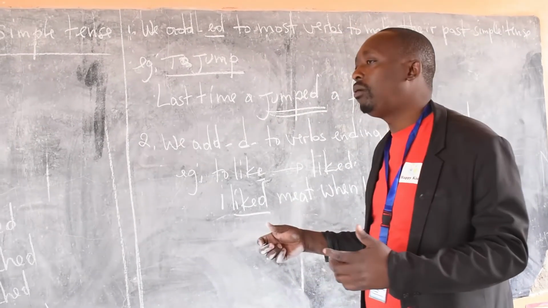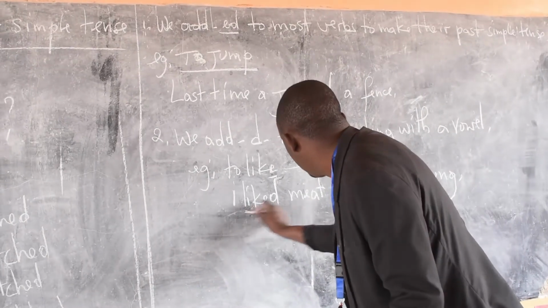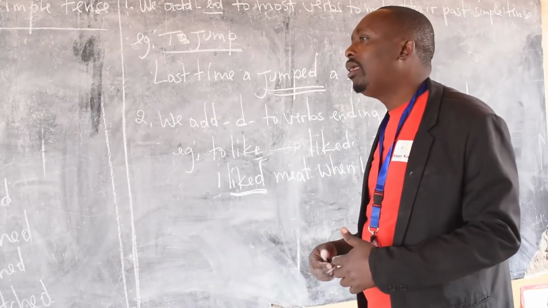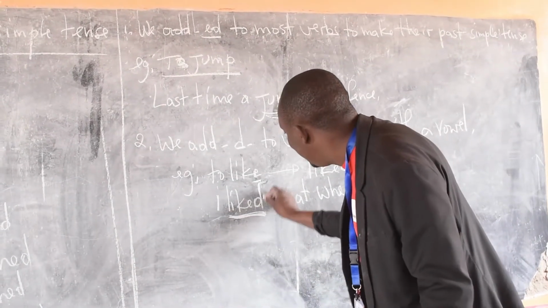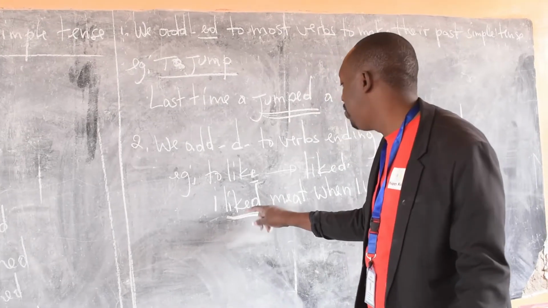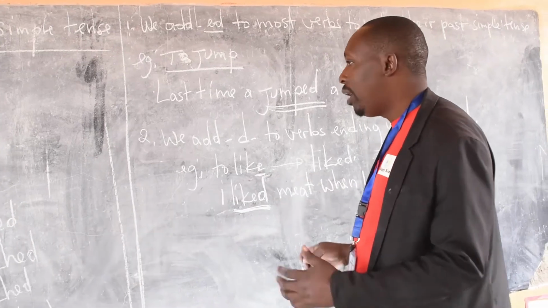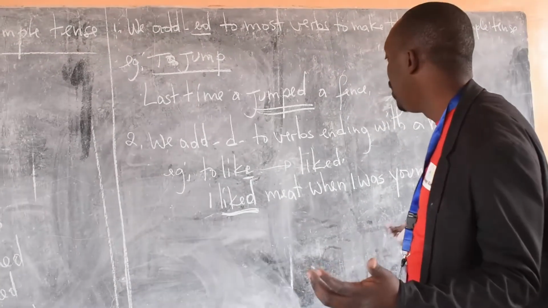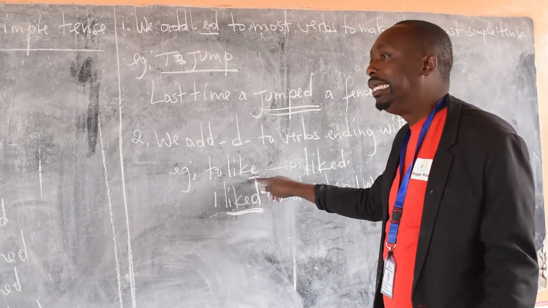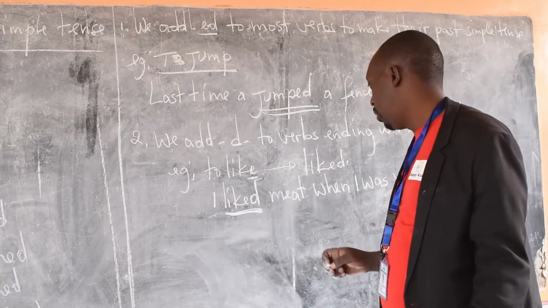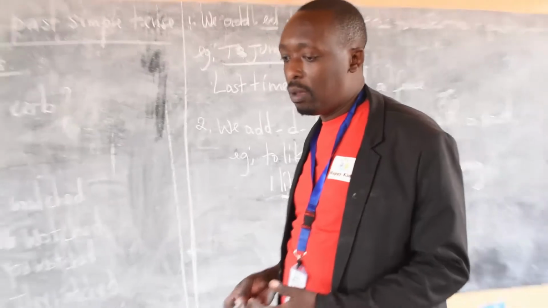So you are talking about something you used to like, but in the past. The reason why we are adding d here is because it ends with a vowel. So whenever you are forming the simple past of any regular verb ending in a vowel, you have to add d only. Okay, good.